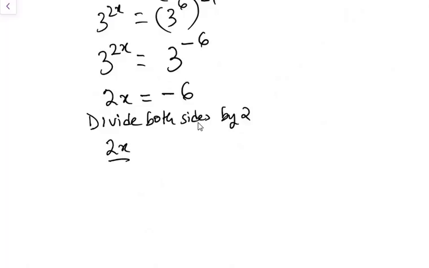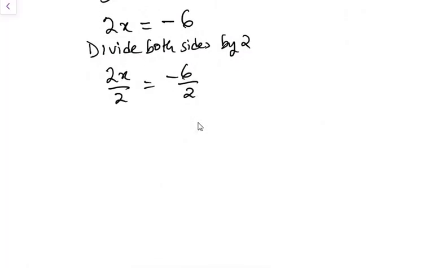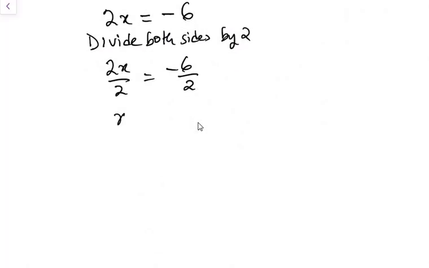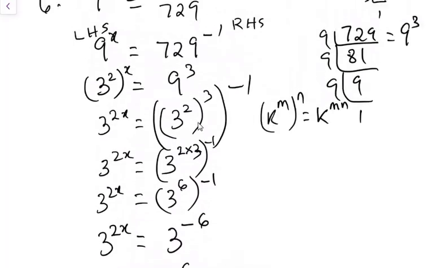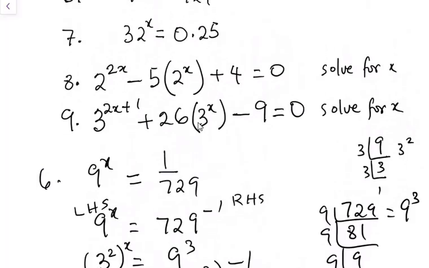So we have 2x over 2 and minus 6 over 2. And if 2 cancels out, we're going to have x equals to minus 3. So that really helps us there to determine that value. So you can see clearly in this case for number 6.